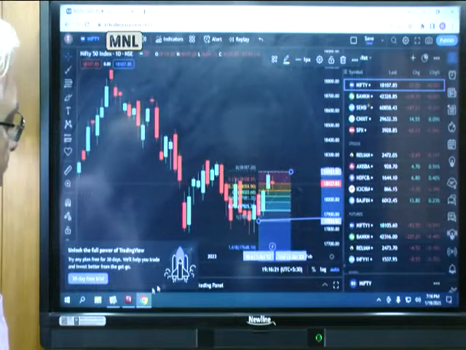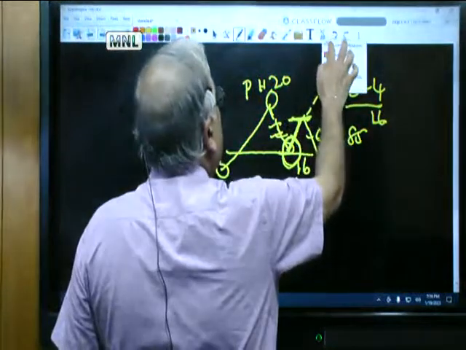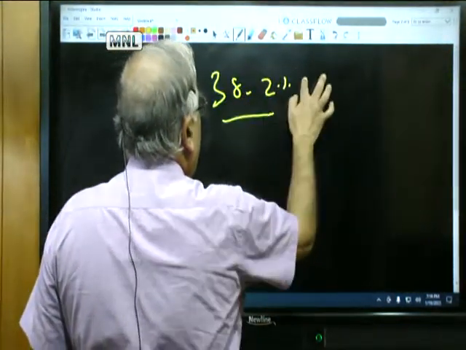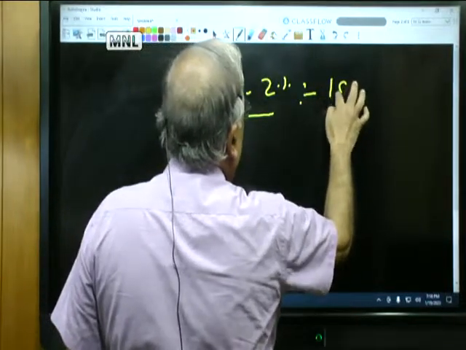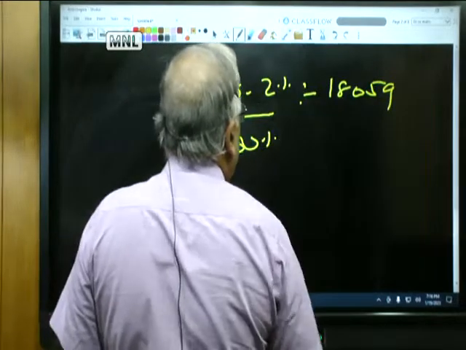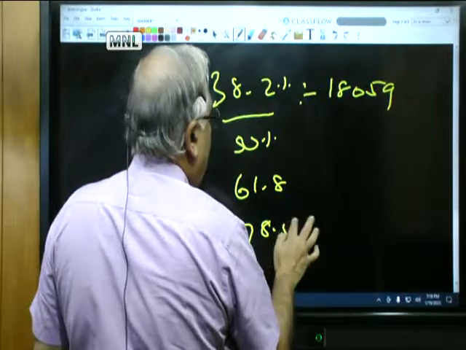So what are the support levels based on this Nifty chart? 38.2%, it came to 18,059. Then 50%, 61.8% and 78.5%.